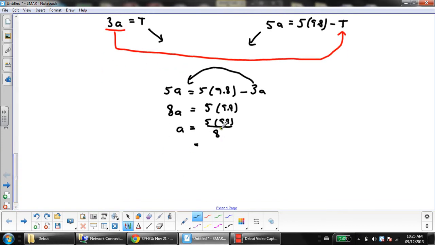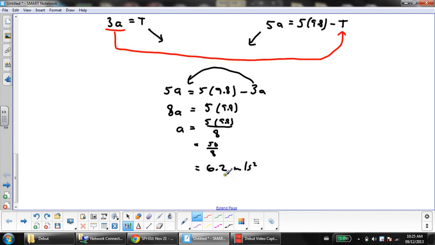That's like 50 over 8 or thereabouts, and that would be 6.2 meters per second squared. So this thing is going to start accelerating down at about 6.2 meters per second squared.